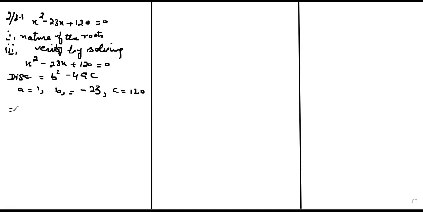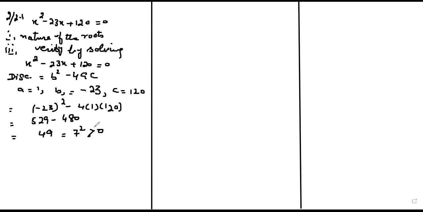So solving it, we have minus 23 the square minus 4 times 1 times 120, so equals to 529 minus 480. It means that this equals to 49, which is equals to 7 square, and which is greater than 0.